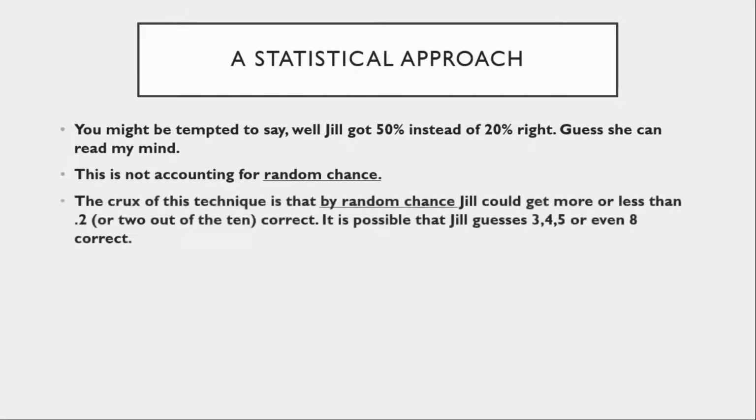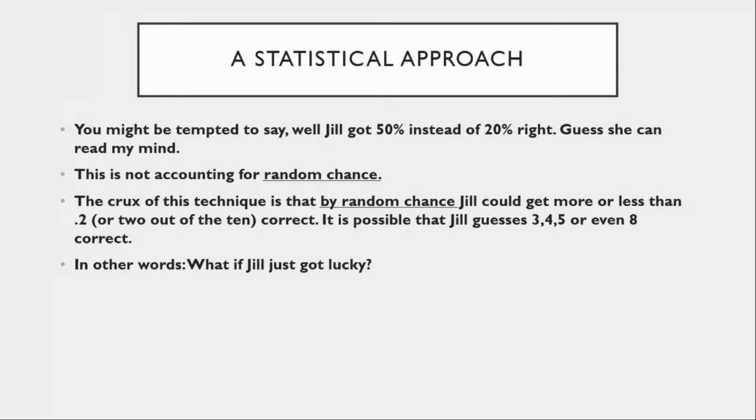So what we need to account for is that Jill could have, by chance, gotten 3, 4, 5, 9, 10 correct, even though she was only supposed to, quote unquote, get 20% correct. In other words, what if Jill's just lucky? She just went to guess wildly and she got lucky.